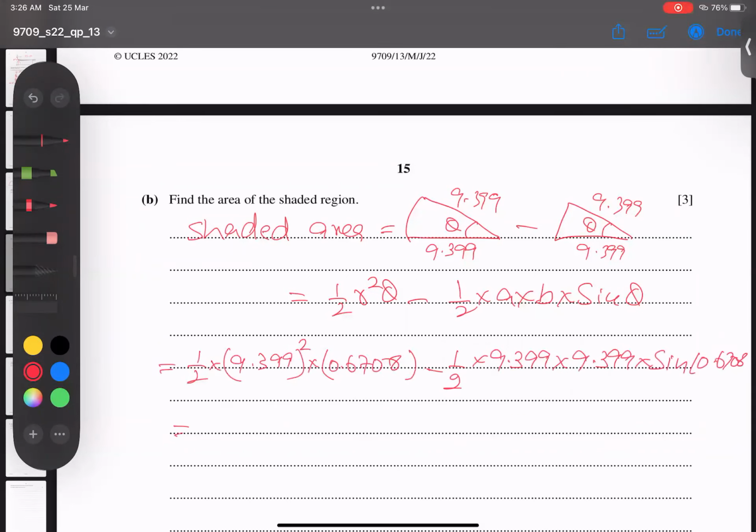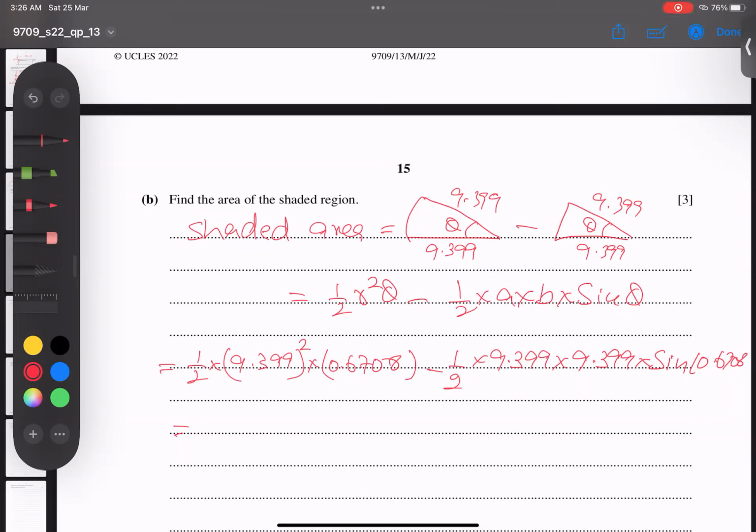So just a matter of typing in the calculator: 9.399 square times 0.6708 and minus half into 9.399 into sine of 0.6708. Alhamdulillah, the final answer is coming.